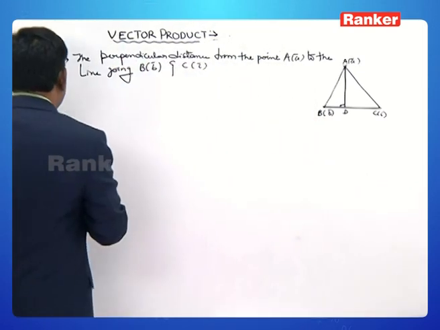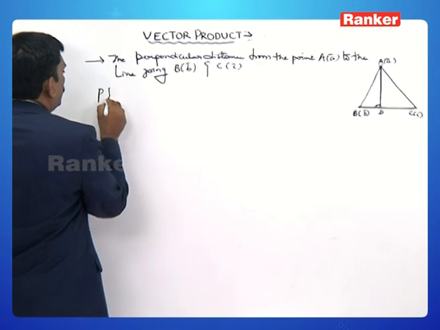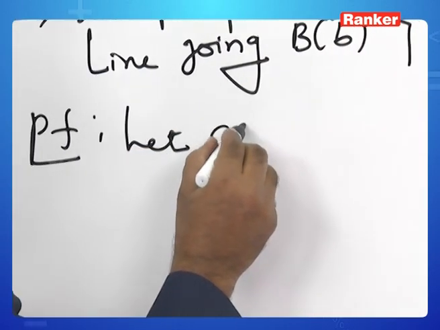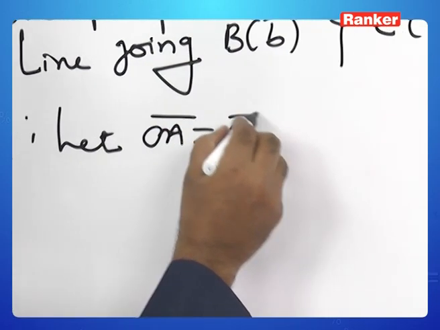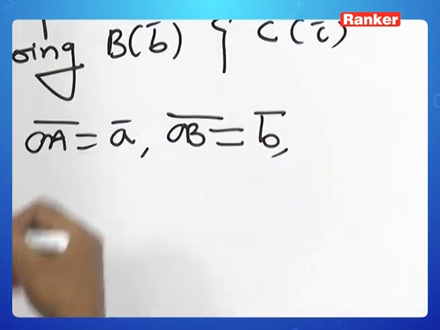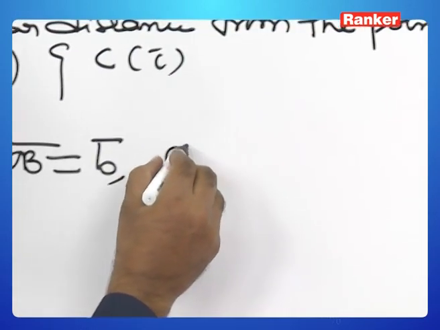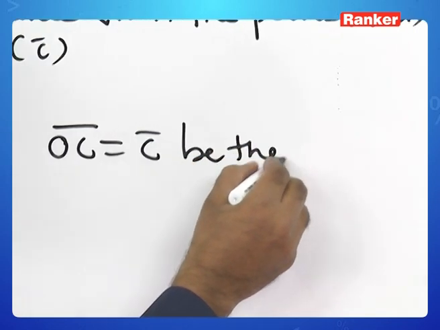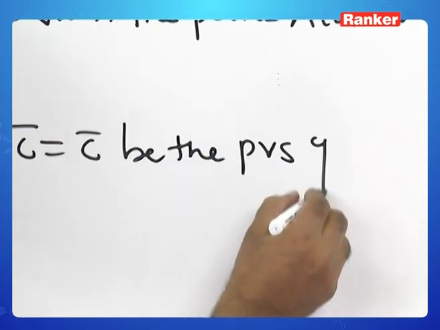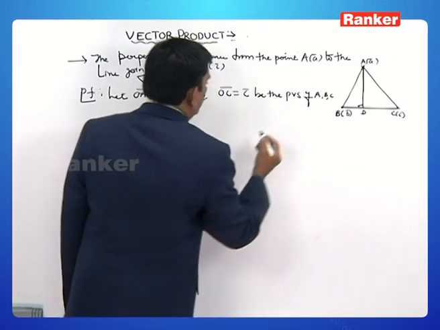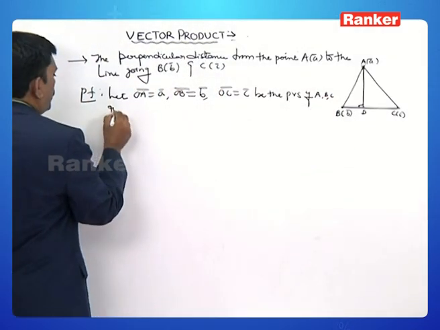So I start. Let OA bar equal to A bar, OB bar equal to B bar, OC bar equal to C bar be the position vectors of capital A, B, C respectively.